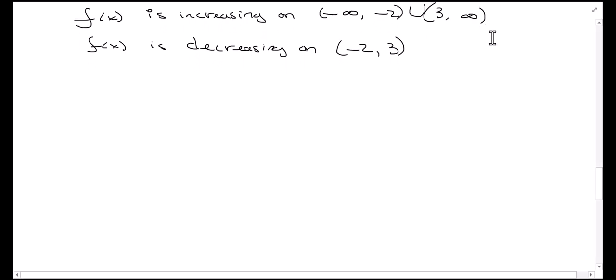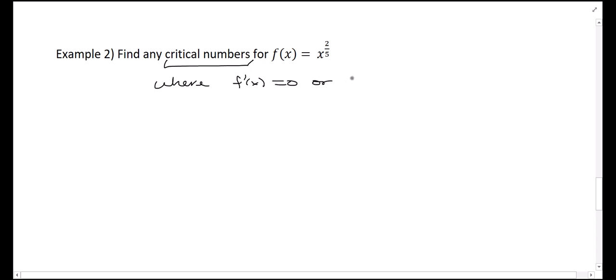All right, let's try another example. In this example, we want to find any critical numbers for this function. Critical numbers, again, is where the derivative is 0 or undefined. So we can say where f prime of x equals 0, or where f prime of x is undefined.